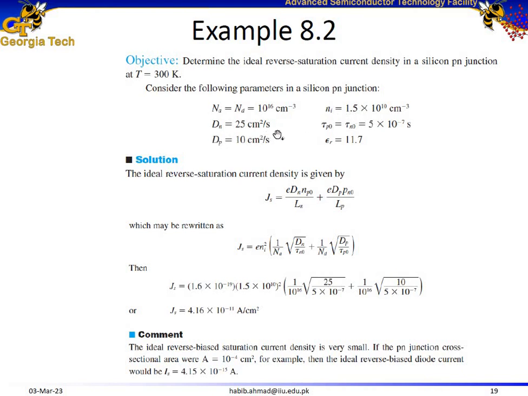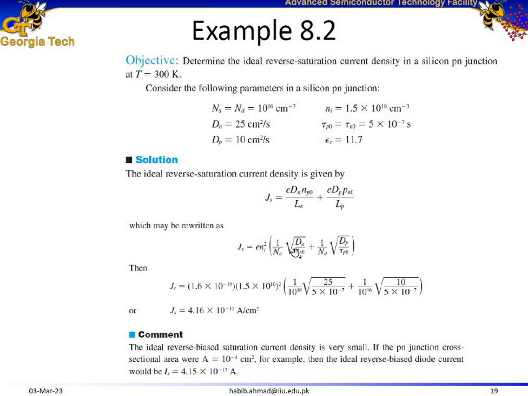Then the diffusion coefficient for electrons and for holes, its unit is centimeter squared per second. The recombination lifetime for holes and for electrons is assumed as 5 times 10 to the power of -6 seconds, or 0.5 microseconds. And similarly, the relative dielectric constant, relative permittivity, is also given.